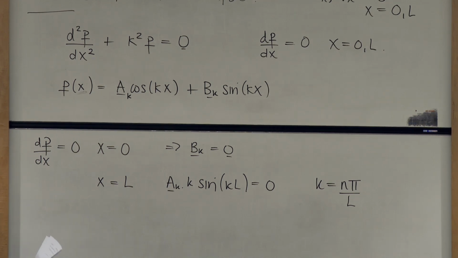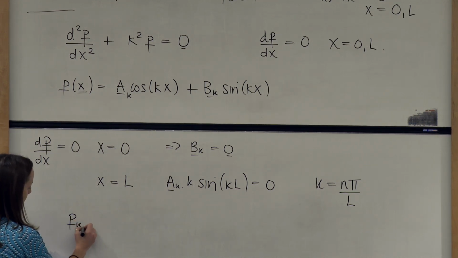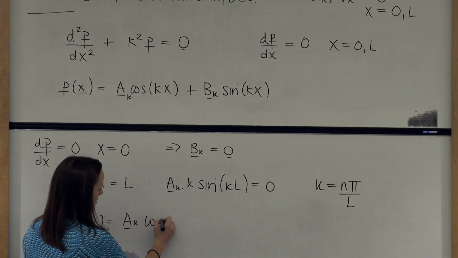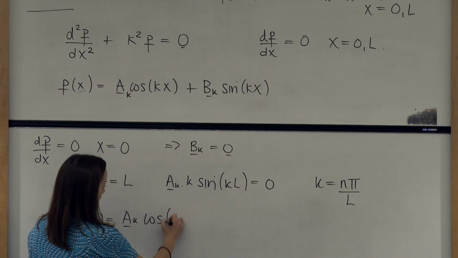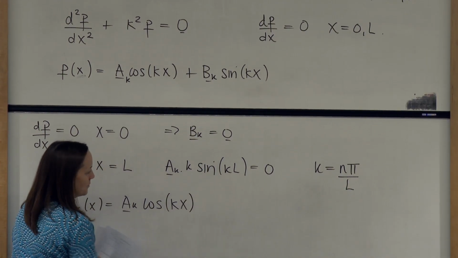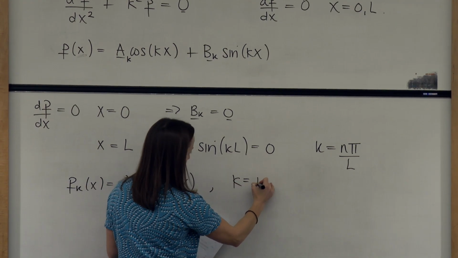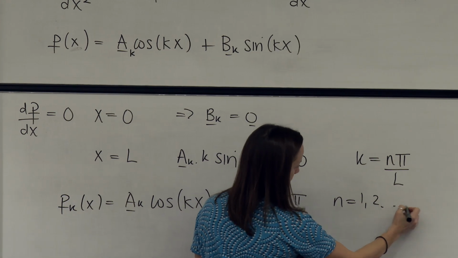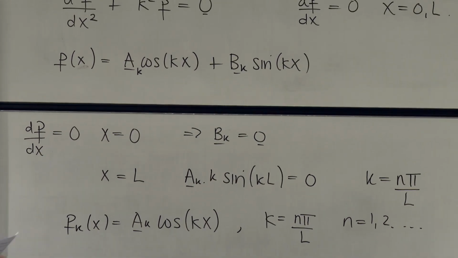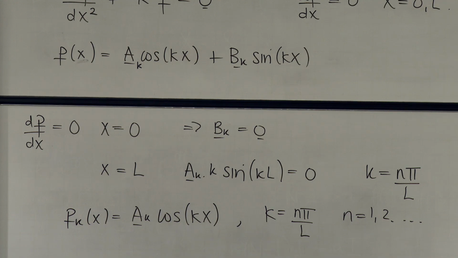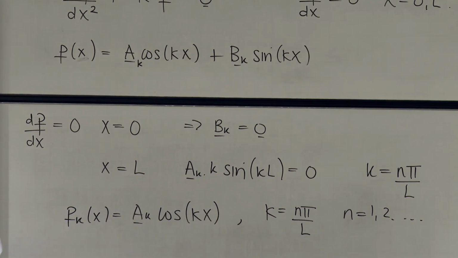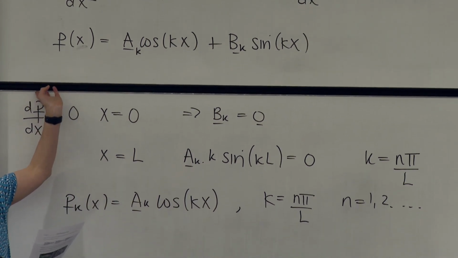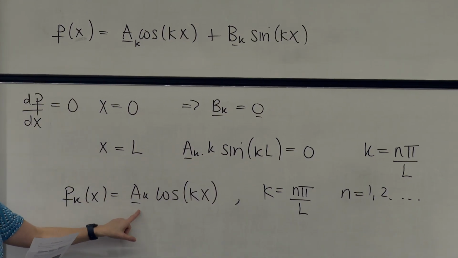So in other words, the spatial form of my solution has got to look like p_k of x is some a_k times the cos of kx, where k is equal to n pi on L for n is 1, 2, etc. In general, our a_k is going to depend on k, but it's going to be independent of x and t.